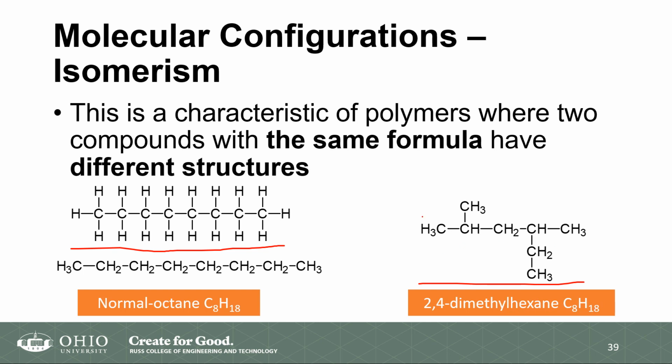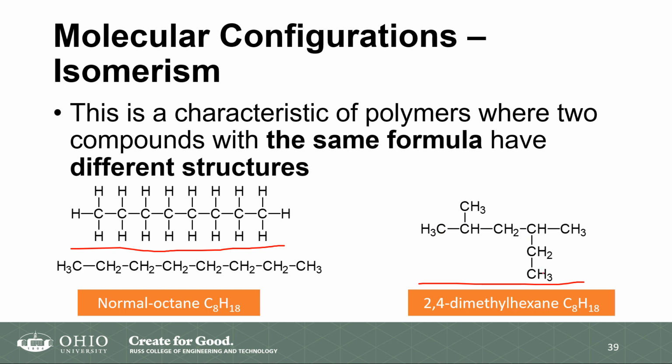So 8 carbons, 1, 2, 3, 4, 5, 6, 7, 8, and 18 hydrogens. So these two have the same exact formula, and we would say that they pretty much have the same repeat units in a sense, because we still have carbon-carbon bonds, but the structures are different, right? This one, all my carbons are present in the backbone. In this case, I have like 5 carbons, well, technically, in chemistry terms, we have 1, 2, 3, 4, 5, 6.